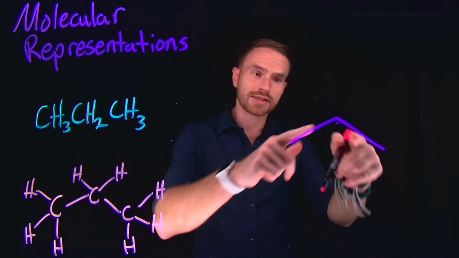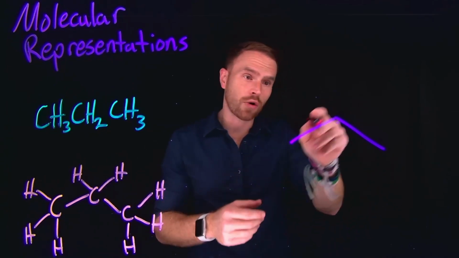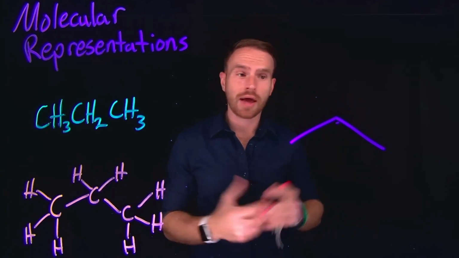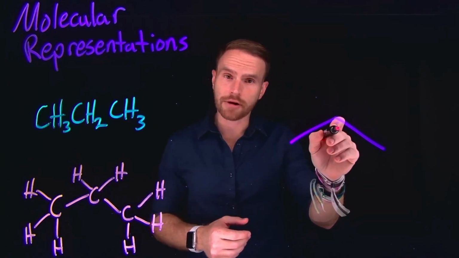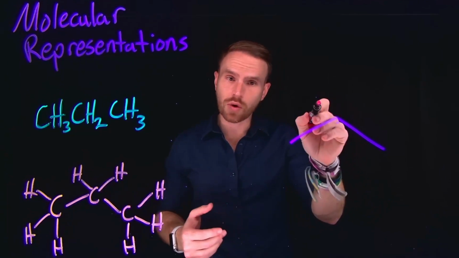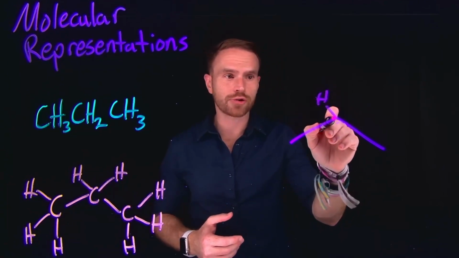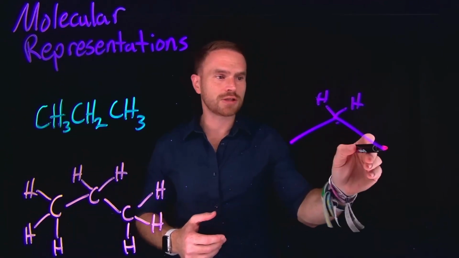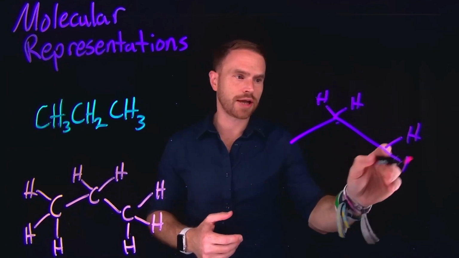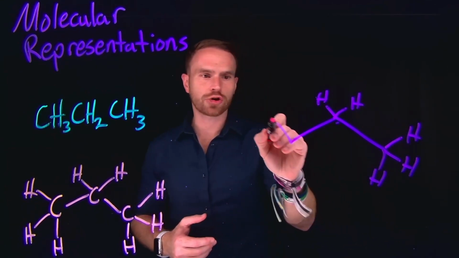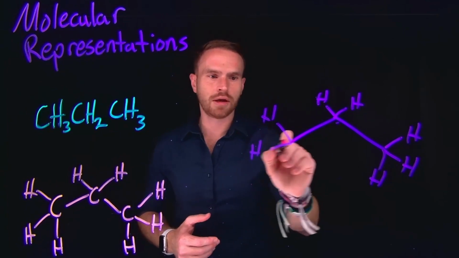Similarly, when 2 lines come together to form a vertex or a turn in this line structure, this lets us know that there is a carbon there, but in addition to that, there are 2 hydrogen atoms. So the 2 hydrogen atoms are here, and at each one of these points, there are 3 hydrogen atoms, giving us our full structure, which we could have drawn previously, like this.